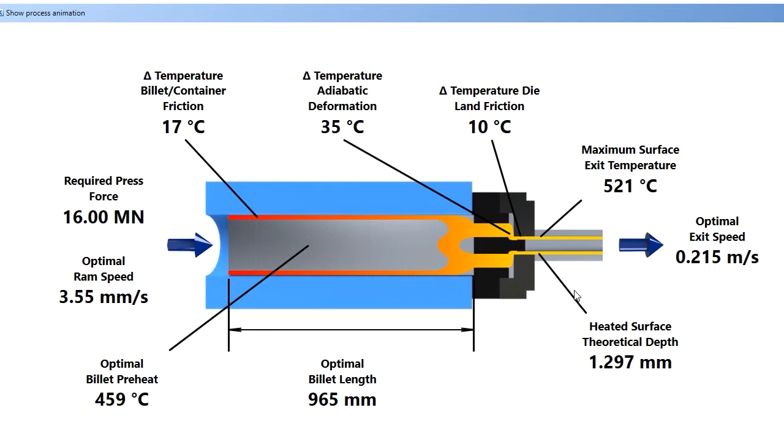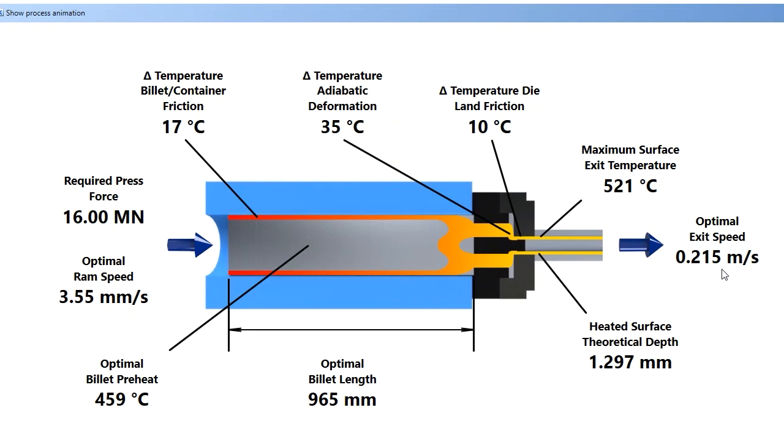So after the software goes through its optimization process, the optimal billet preheat temperature for this part is 459 degrees centigrade, and the optimal length of the billet, the one that minimizes the cost by making the best trade-off between material and processing costs, is 965 millimeters. And my optimal exit speed is 0.215 meters per second.